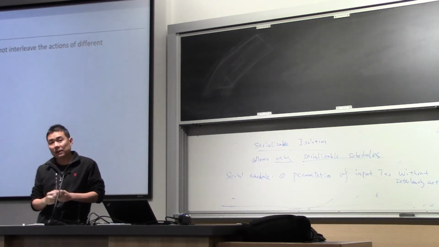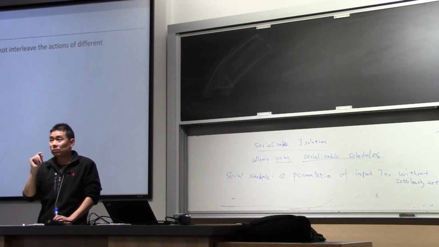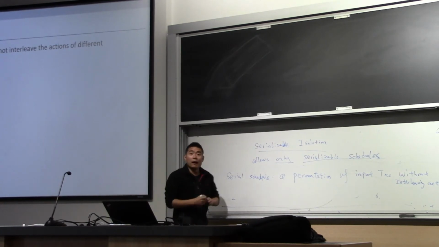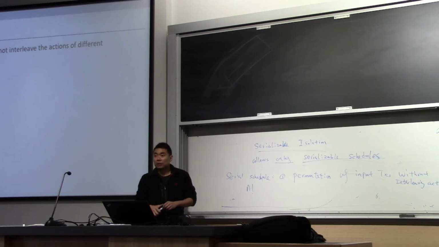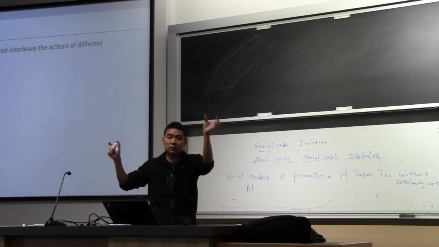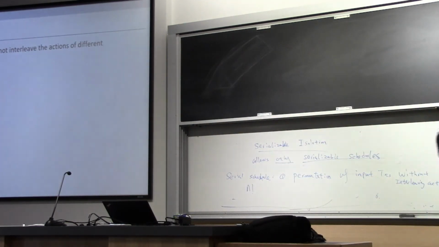We actually talked about this last lecture, and Wes responded: given n transactions, how many serial schedules do you have? You have n factorial serial schedules. Why? You have n positions to fill. The first position has n choices; you choose one of the transactions and execute all of it. Then the second position is left with n minus 1 choices. You go on, so it becomes n times n minus 1 times n minus 2 until 1.